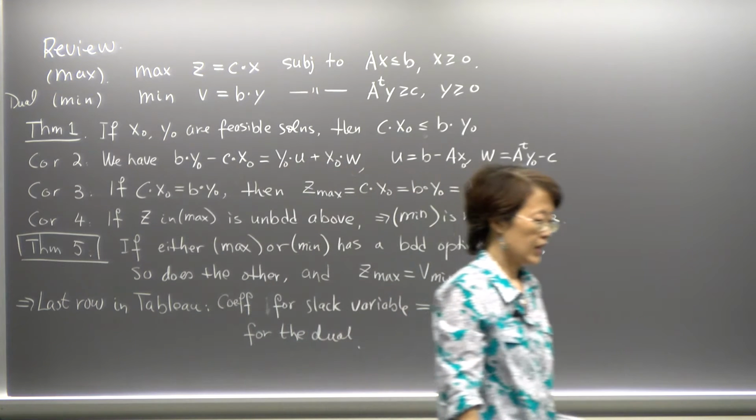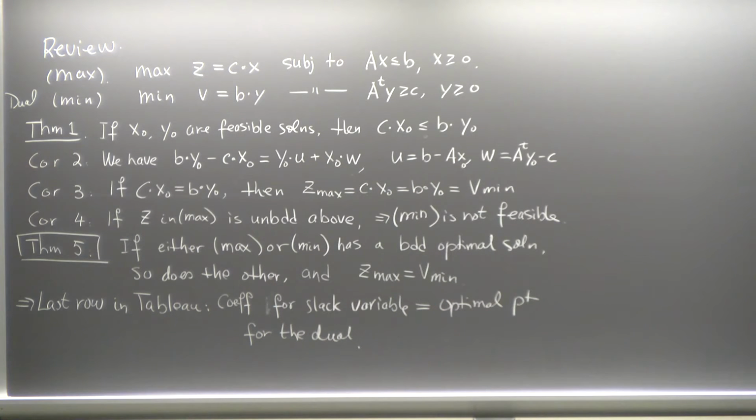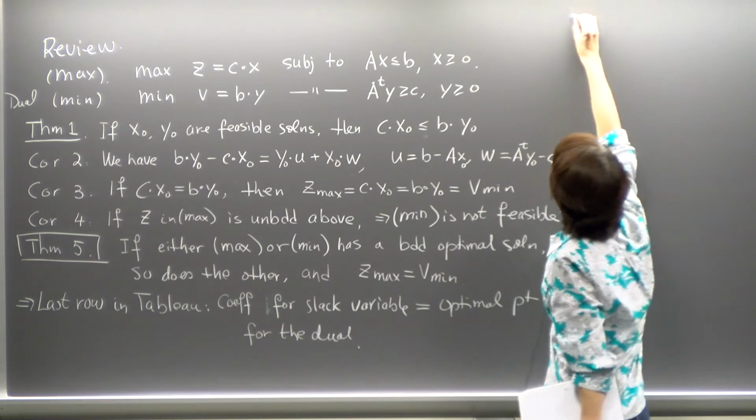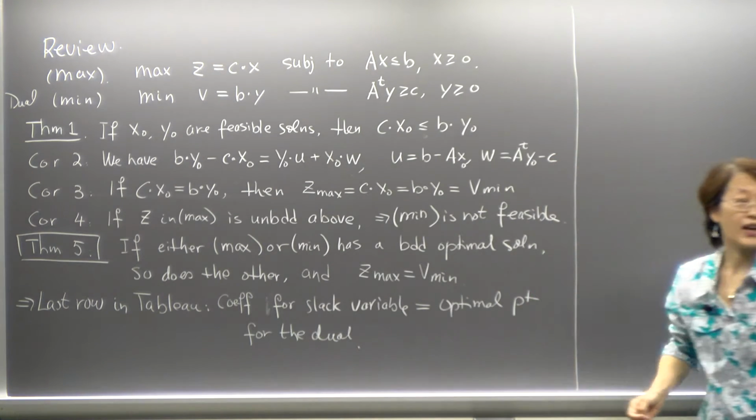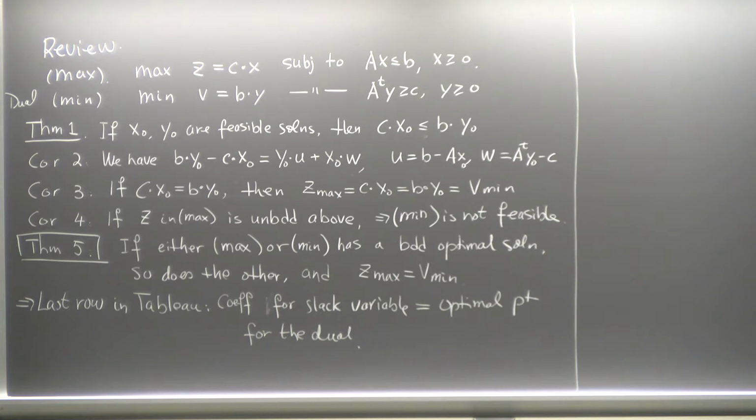Okay, so you could actually just get information from there and find the solution for the dual problem without actually solving the dual problem. Okay, so that's that. Okay, so let me block this. So this is what we had last time. Do we all remember? Any questions on that? We okay?